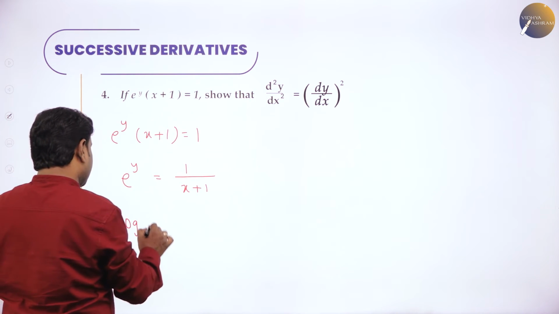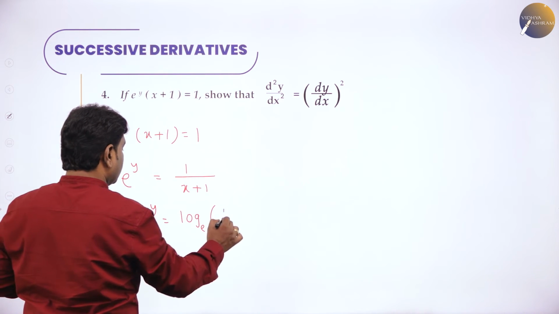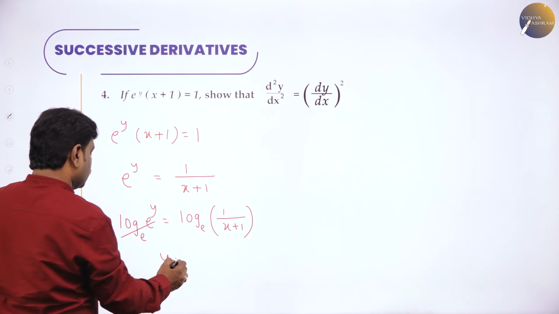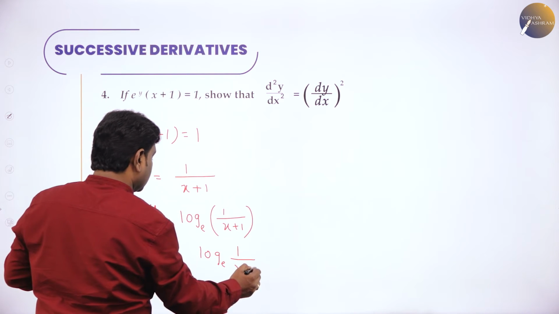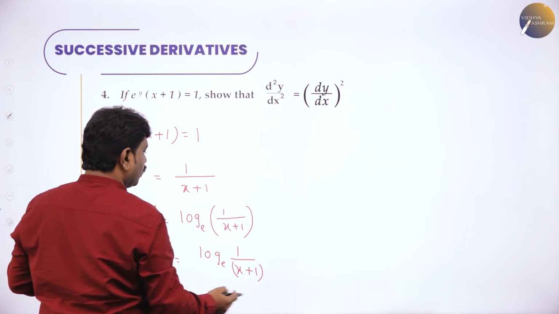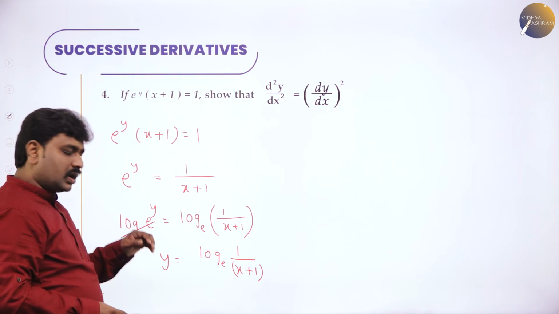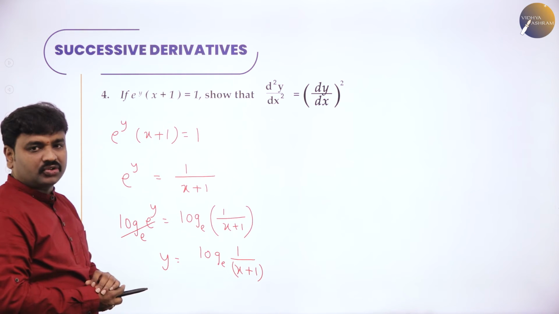Log base e of e power y is equal to log base e of 1 by x plus 1. So I got y. What is y? Y is log of 1 by x plus 1. This is one method. Or if you take it up, it will become minus log of x plus 1.